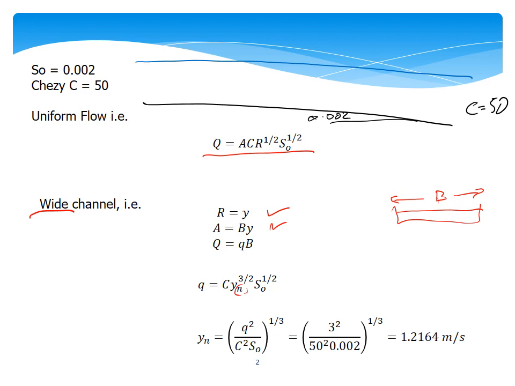We'll just rearrange that and put the numbers in: q was 3, C was 50, S0 is 0.002, giving us yn equals 1.216 meters. So we've got the normal depth. The depth is normal here, and at any other point further downstream, yn is the same along that. We're going to use that.